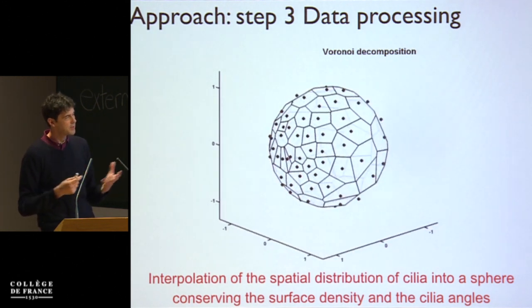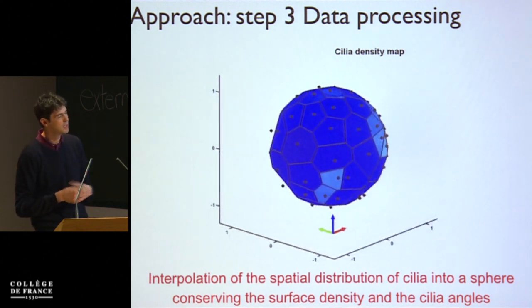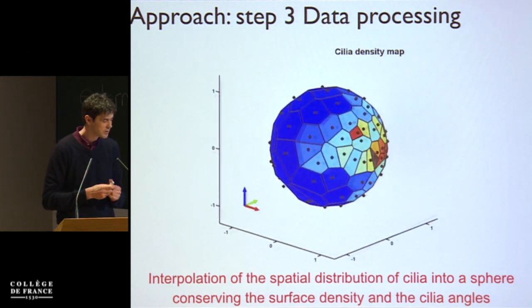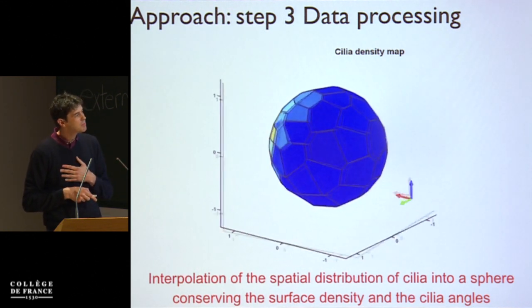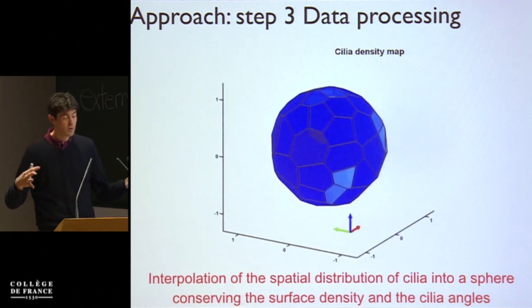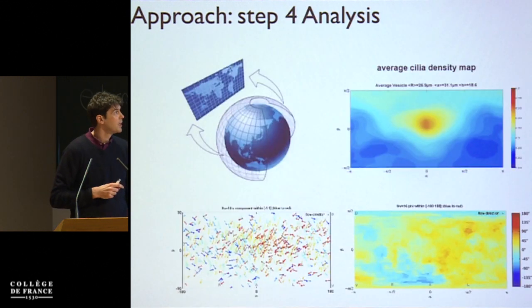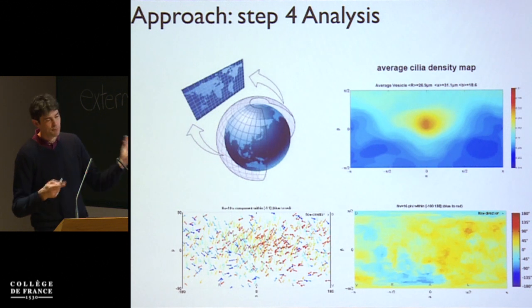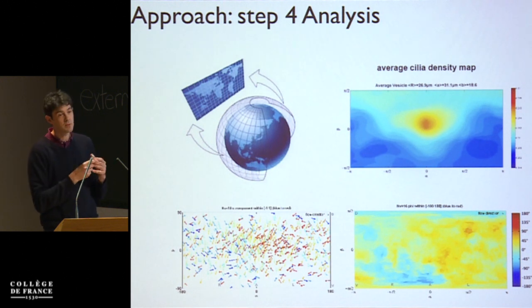Now we can do all sorts of things with these data sets by projecting them on a sphere. So this is just a density plot of the projection. Doesn't really matter, but what is important is that through this interpolation, we now have access to the variability of the system. Now for display, we used a very conventional approach, which was to take this 3D data and project it in 2D the way you would do for a world map.